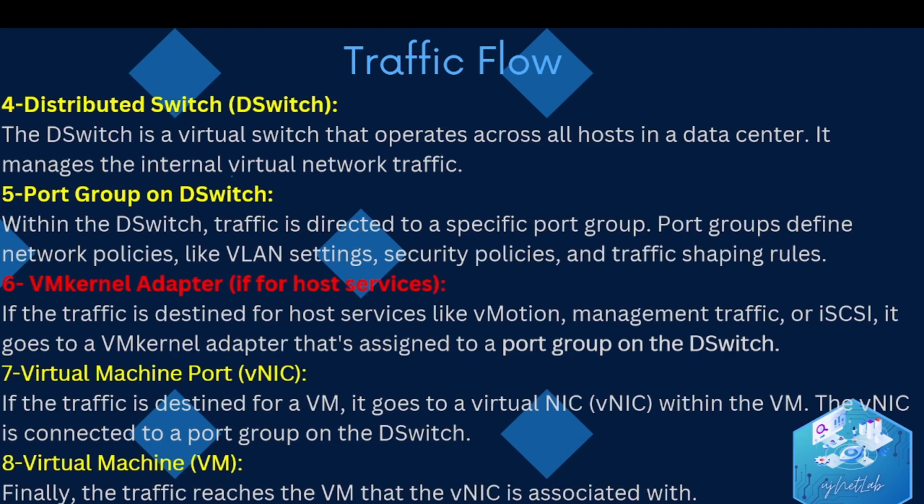Now the fourth step: it will enter the D switch, which operates across all the hosts in the data center. Once it has entered the D switch, it will go to the port group. Remember the port group from the first lecture on ESXi, we said it's a template, and all the policies, shaping and so on are applied at the VM level, port level.